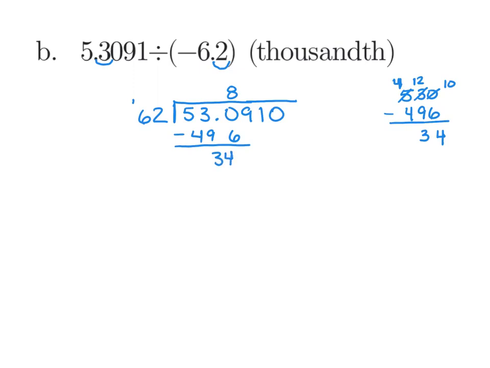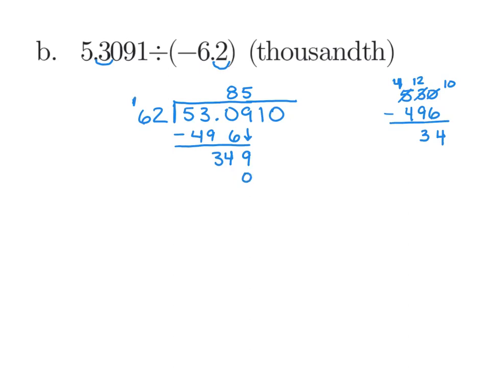Is that smaller than 62? Yes, so we are okay. All right, we bring down the 9. Okay, we go ahead and divide 349 by 62. That's going to go in 5 times. 5 times 2 is 10.